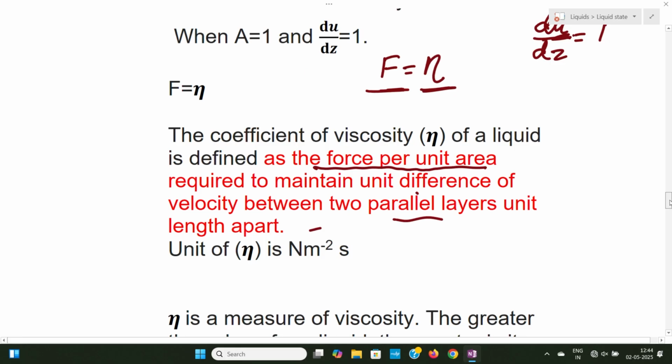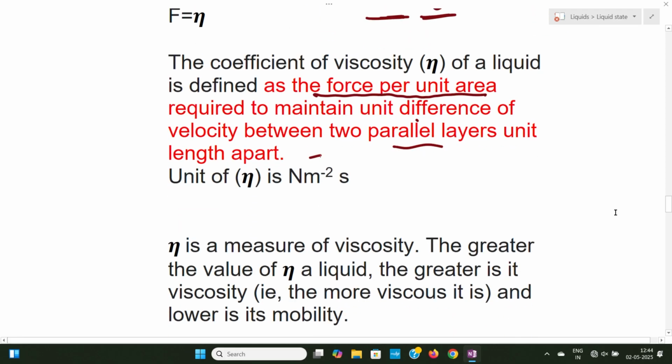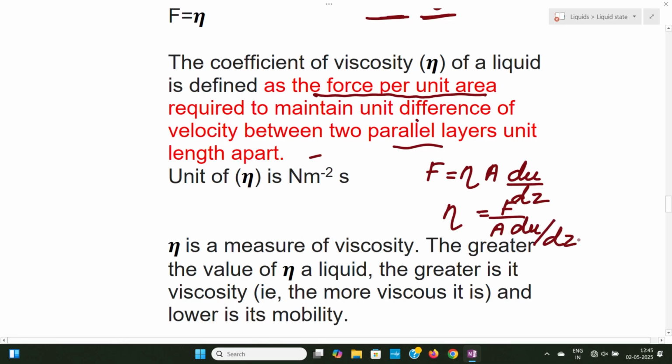Okay. Then let us see the unit of coefficient of viscosity. Here we have the equation F is equal to eta A du by dz. Now eta is equal to F divided by A into du by dz. The unit of force is Newton.